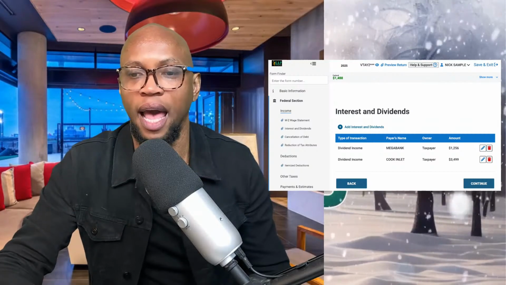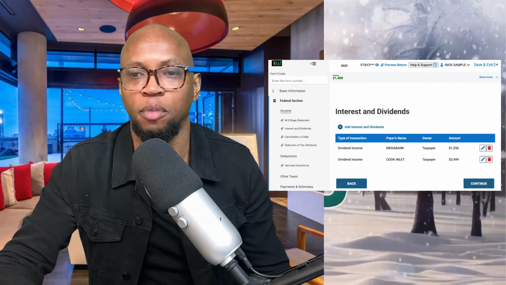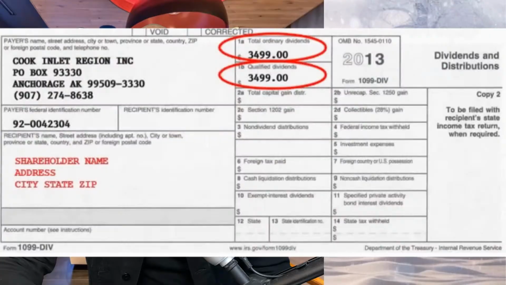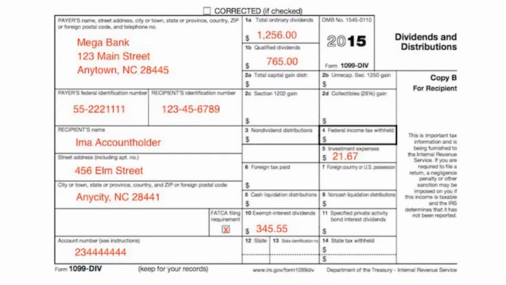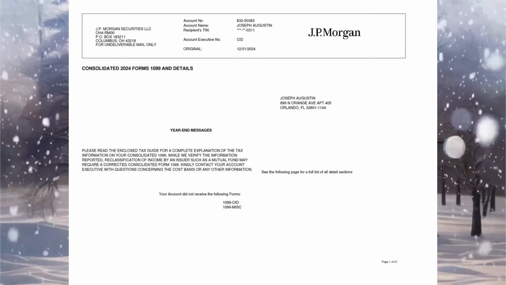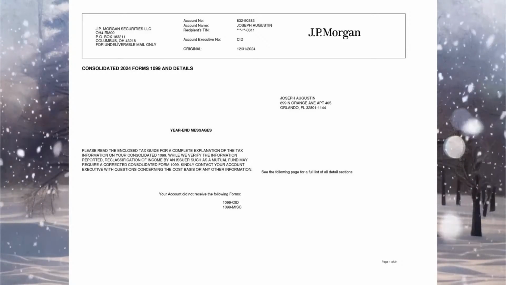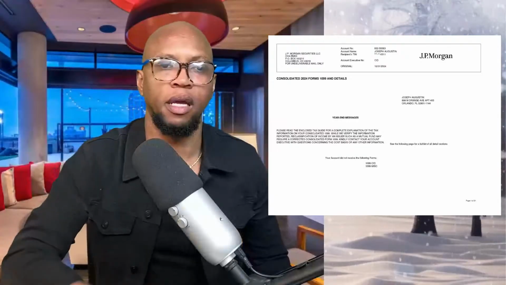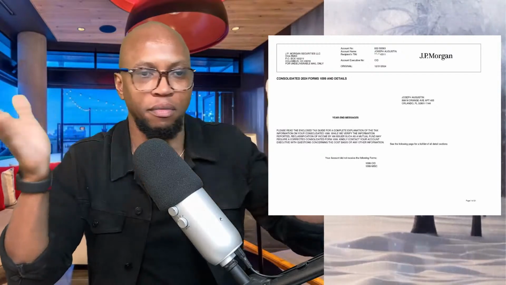So like I said, we have these dividends that we typically would see, and these, but then of course you also have these that come in the form of a huge packet. Okay? So this is the thing to be aware of when we get the big JP Morgan, Robinhood, Fidelity investments packages.